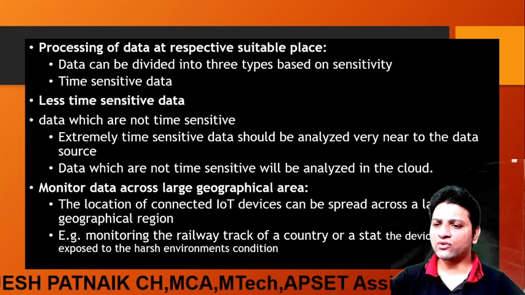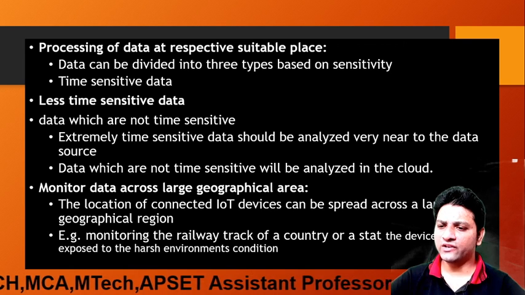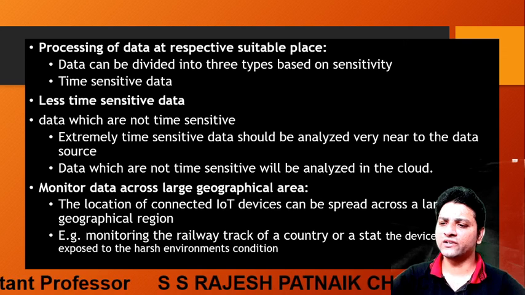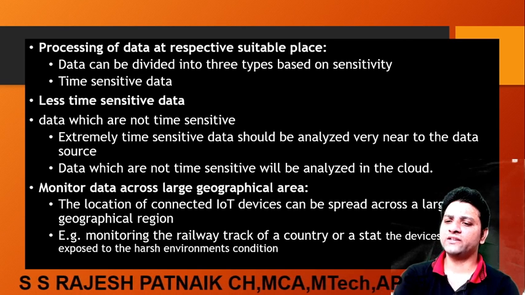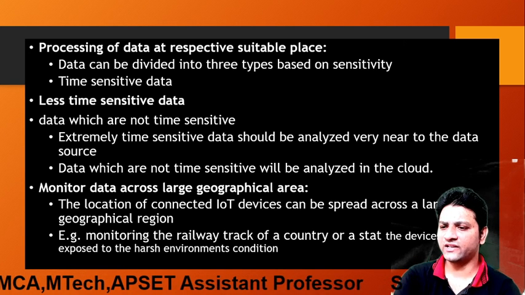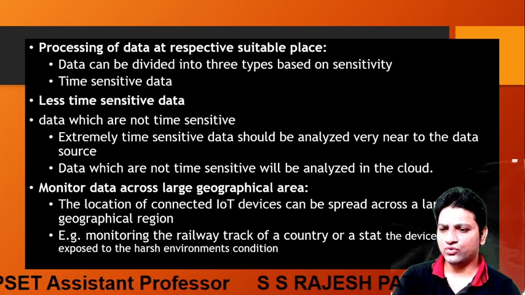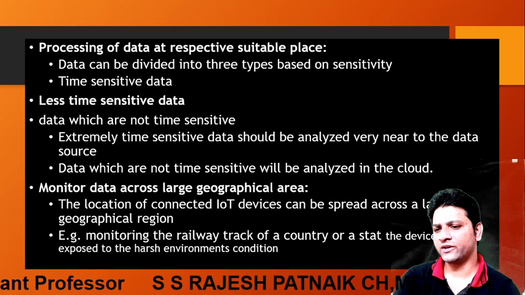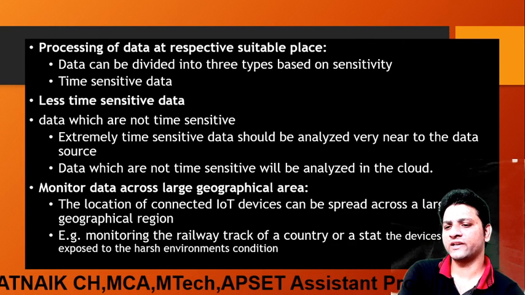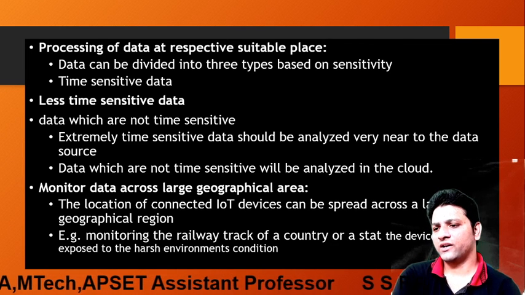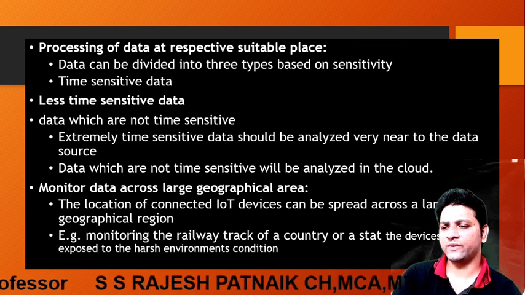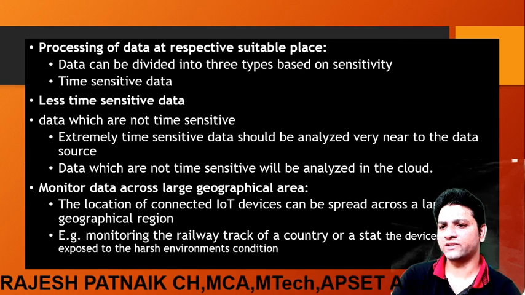Monitor data across a large geographical area. The location of connected IoT devices can be spread across a large geographical region, for example, monitoring the railway track of a country, or devices exposed to harsh environmental conditions. So whenever we monitor the railway track of a particular country, using different types of devices we get the statistics of that railway track.